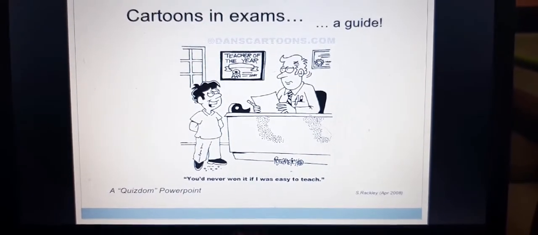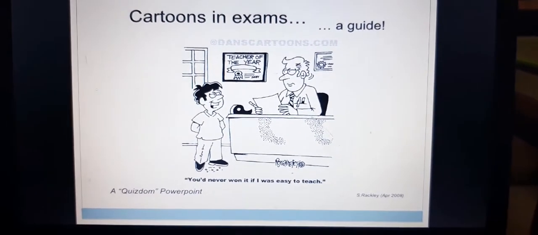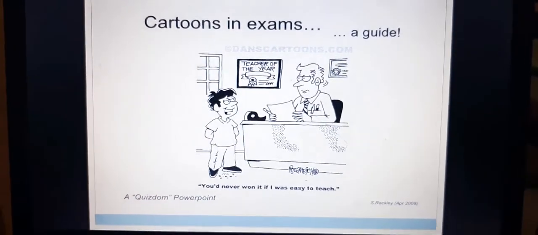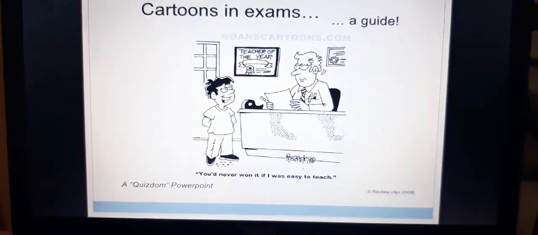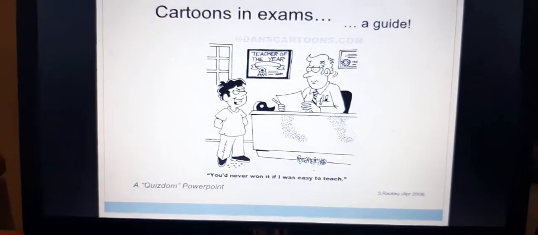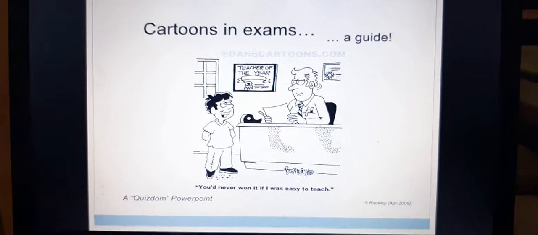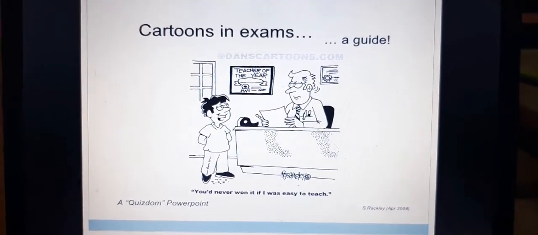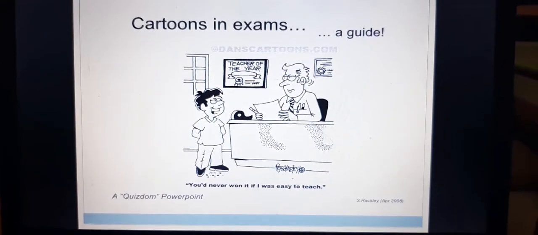What conversation is going on between them? With the dialogue which is written down: you would never have won it if I was easy to teach.